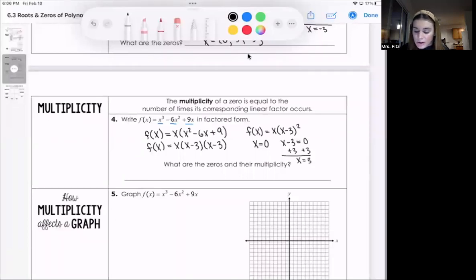So the zeros are x equals 0. This, because it's only repeated once, has a multiplicity of 1. And x equals 3 is another 0, but this has a multiplicity of 2 because it's repeated twice.